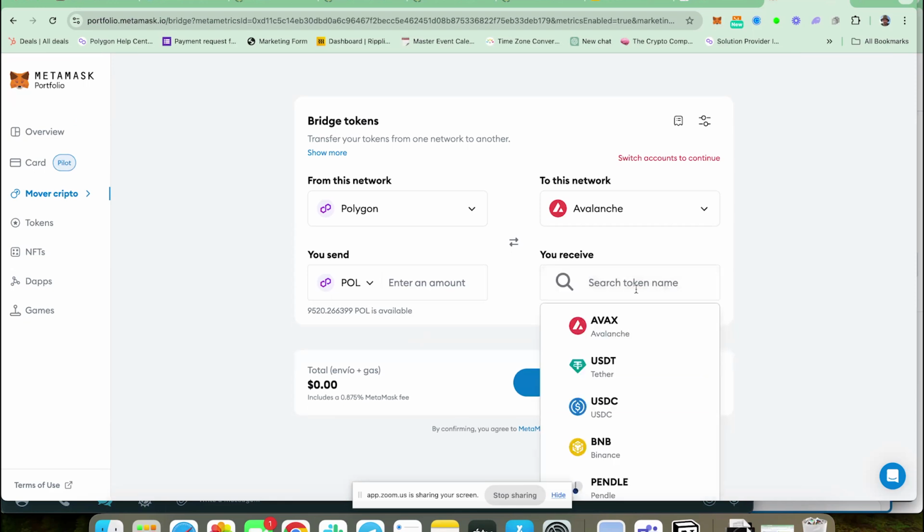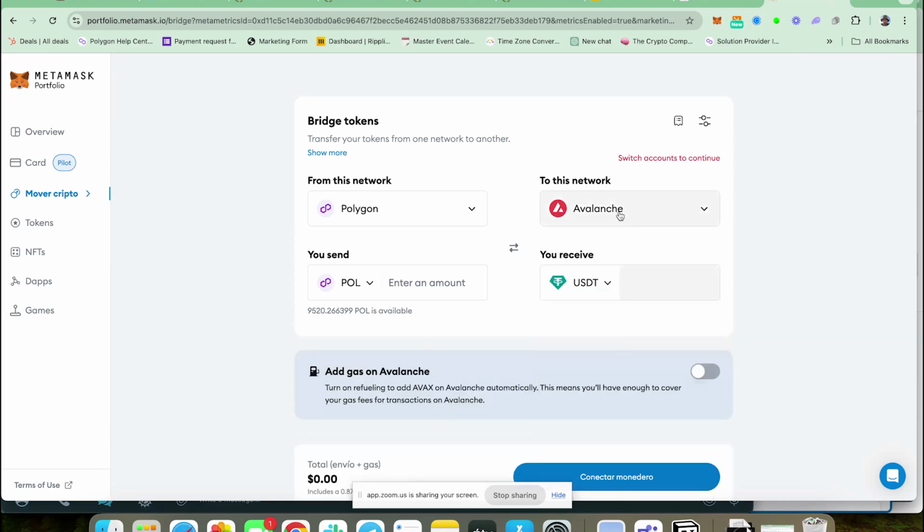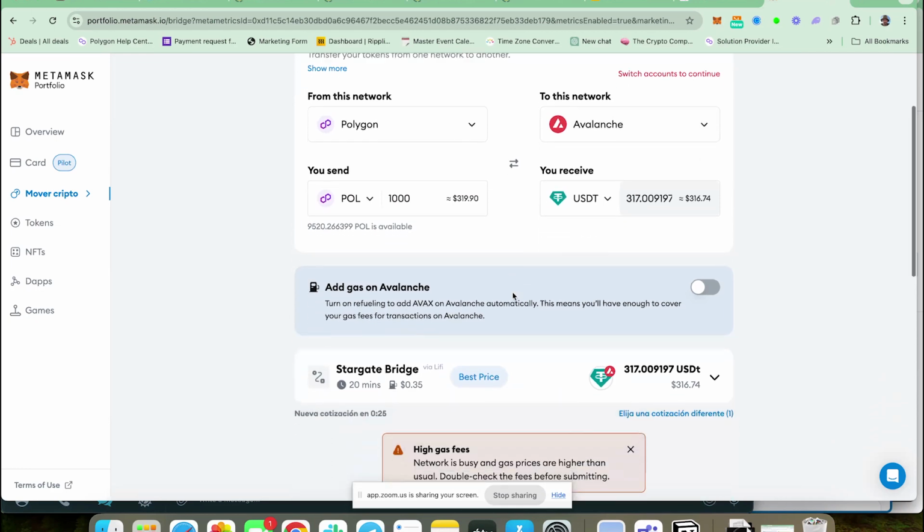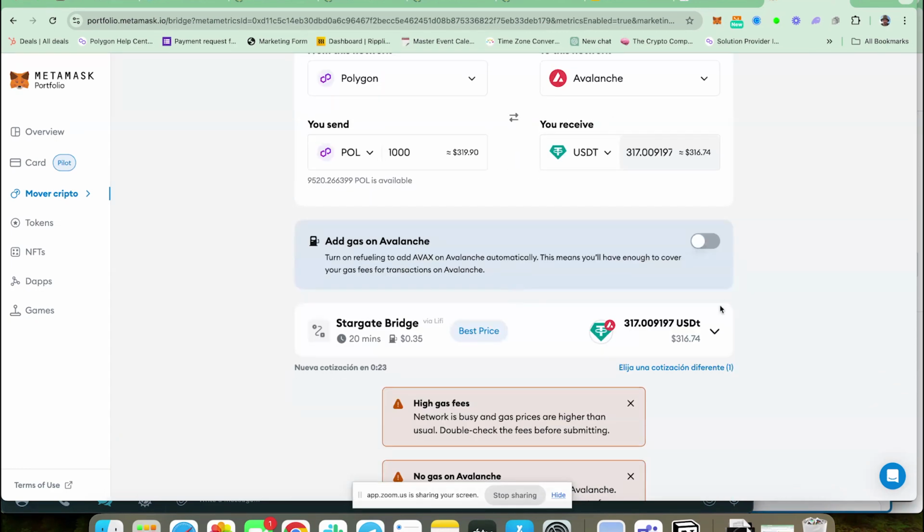And I want to receive USDT, which is another crypto dollar, on Avalanche. Again, I want to do the same thing, 1,000 Pol. In this case, instead of swapping on my chain, I'm bridging to a different chain. Again, this is linked to the fragmentation problem that I was referring to at the very beginning. So what happens here?